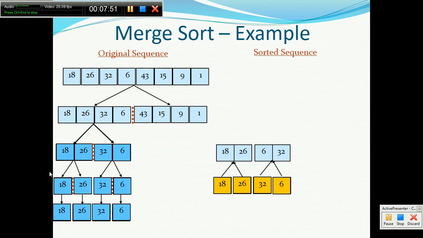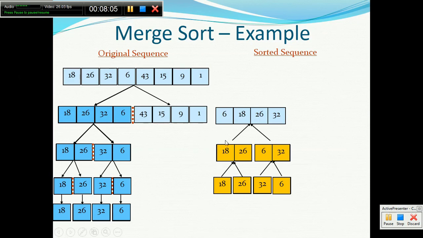Since they are two sorted arrays, I can merge them to create a bigger sorted array. See here, from these two sorted arrays, 18, 26 and 6, 32, I merge them to create a bigger sorted array. Okay. Now again I will do the second half of the array.